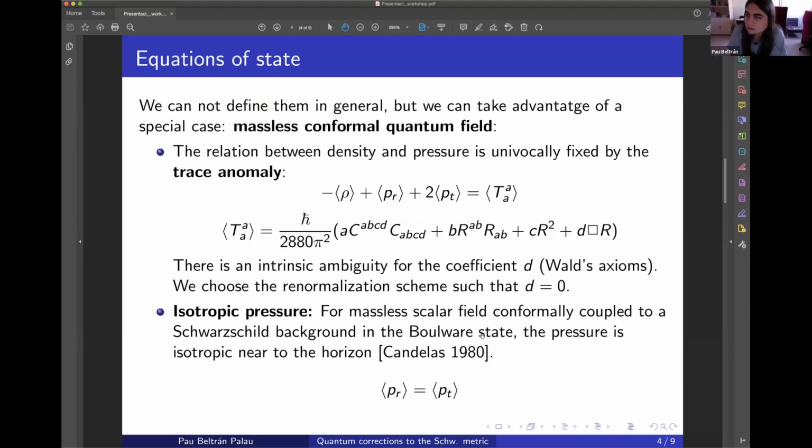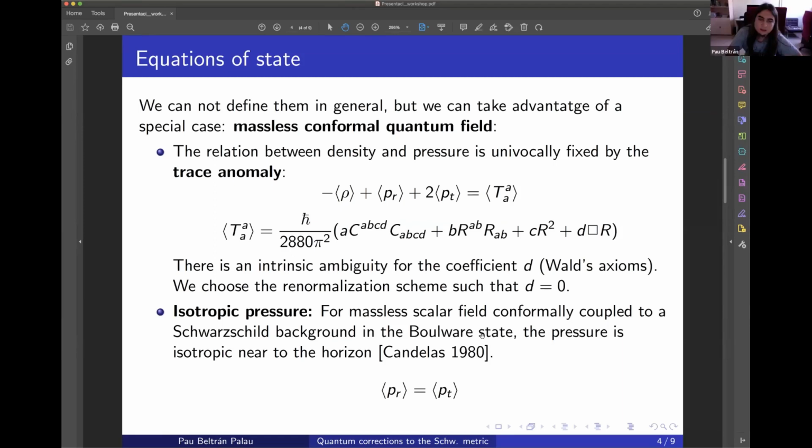And still they find this breakdown, of course, for fields defined in the Boulware state, they find these non-perturbative effects near the horizon. So maybe it could be interesting to explore a wider family of equations of state that allow you to relax this assumption and see how consistent the results are with these choices.